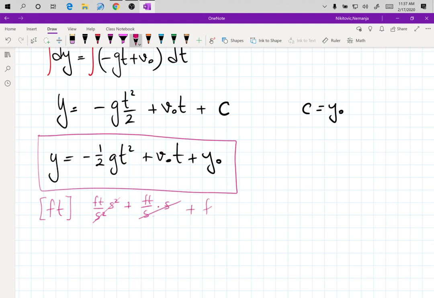And then plus another feet, so you have feet plus feet plus feet equal feet. So this is called dimensional analysis, and it's very important for every physics formula. I just hope that physics professors do this for every single formula you ever see in physics. Otherwise, you can get some really, really bad results.